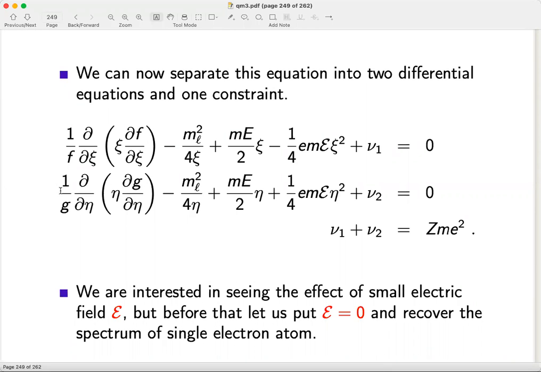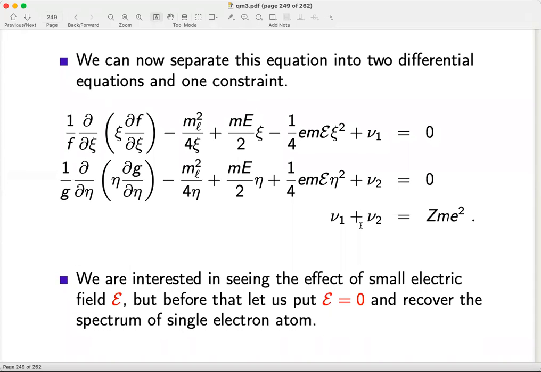If you replace F by G and xi by eta, these equations are essentially the same: ml squared upon 4 xi, ml squared upon 4 eta with a minus sign, me by 2 times xi, me by 2 times eta with plus sign. This piece goes away because epsilon is 0, and even nu equals 0. They are essentially identical equations.